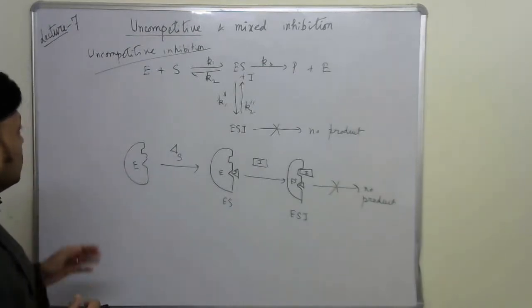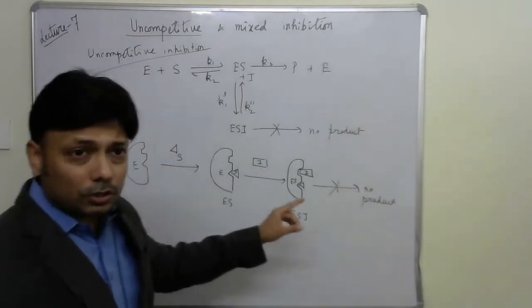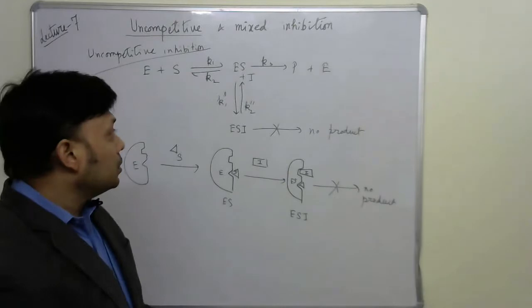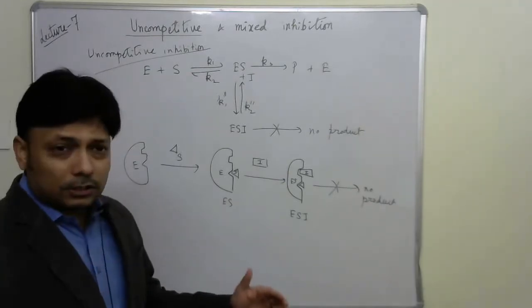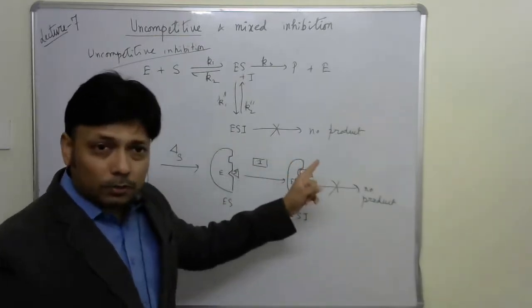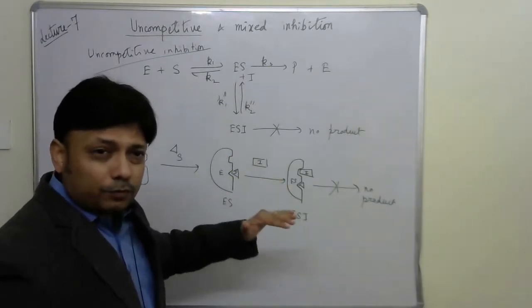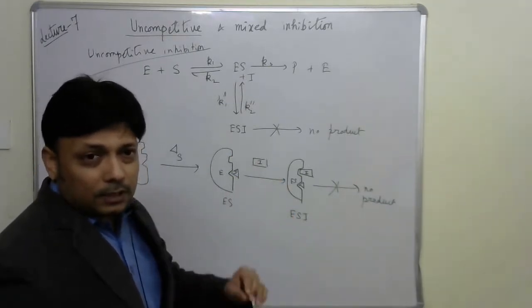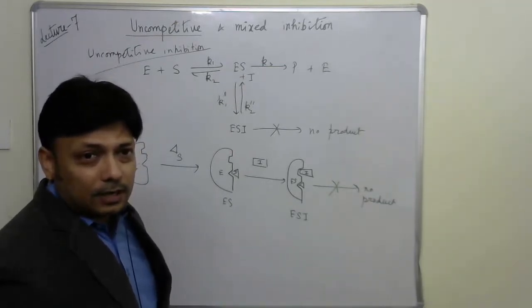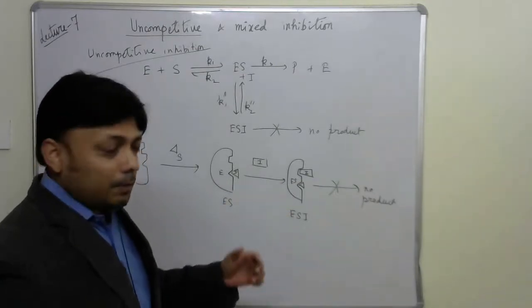Like we have done before, we have to derive the rate equation for uncompetitive inhibition. The strategy for the competitive inhibitor I have clearly laid out on the board. This time we have to follow the same approach, that means the steady state approximation. But it's your job now to try that.